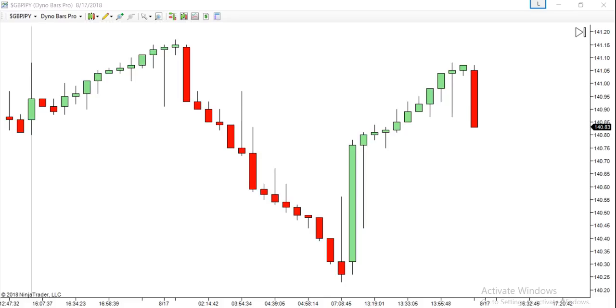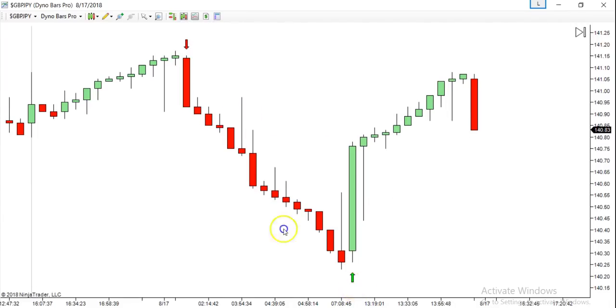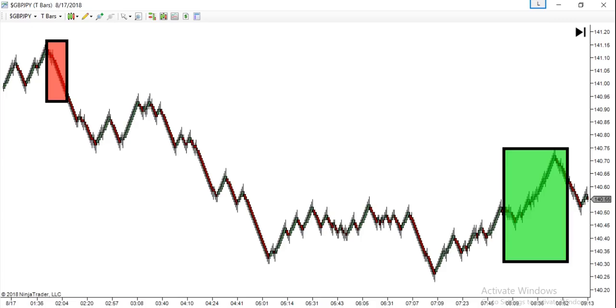So as I promised you at the intro of this video, we're going to take a look at both of these signals right here. This short signal right there with the red arrow, and this long signal right there with the green arrow. So the first thing we want to do is take both of those signals and plot them into our T-bars chart just like this.